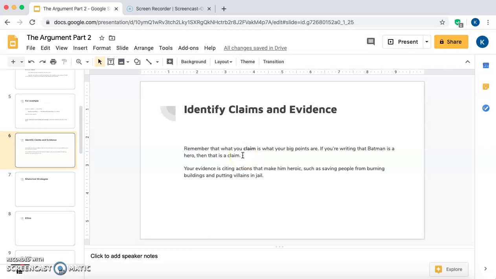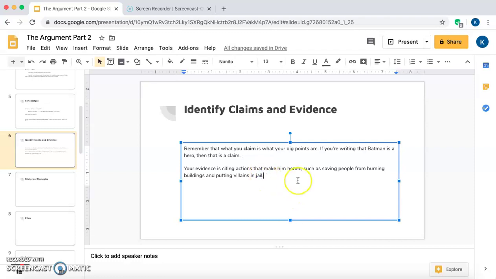Batman is oftentimes described as a vigilante, which means that he is someone who works outside of the law in order to bring people to justice.